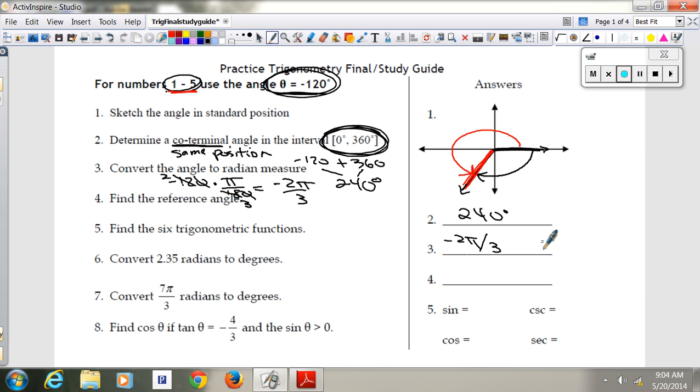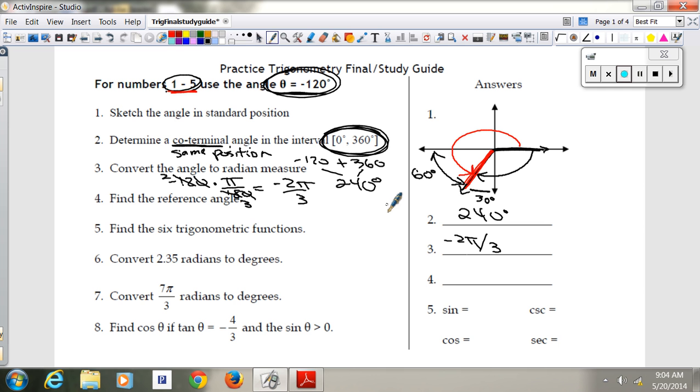Number 4 is asking for a reference angle. A reference angle is the angle that gets you back up to the x-axis. And it's always a positive angle. Gets you up to the x-axis. So if we're here, remember this right here from 90 to 120 was actually 30 degrees. So what angle would get me back up to the x-axis?